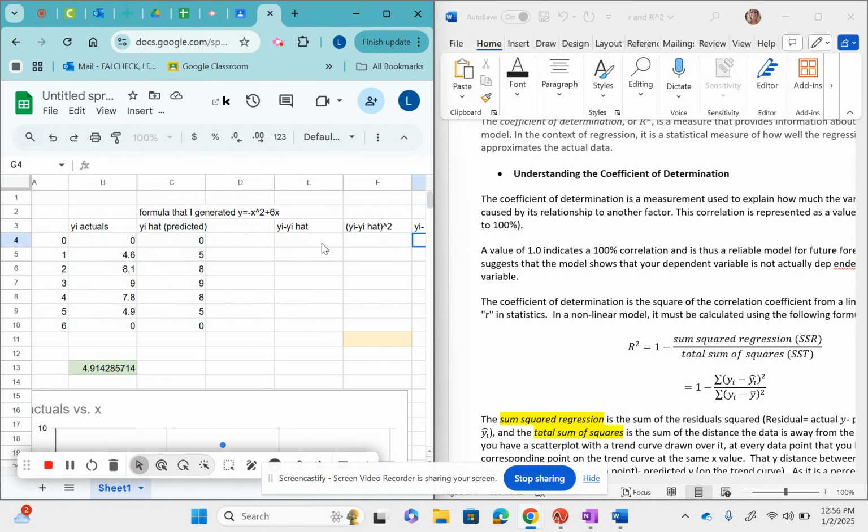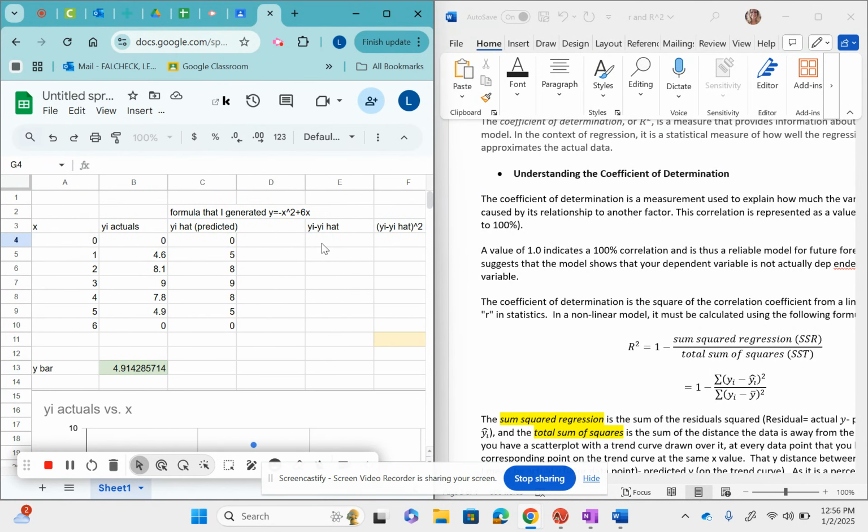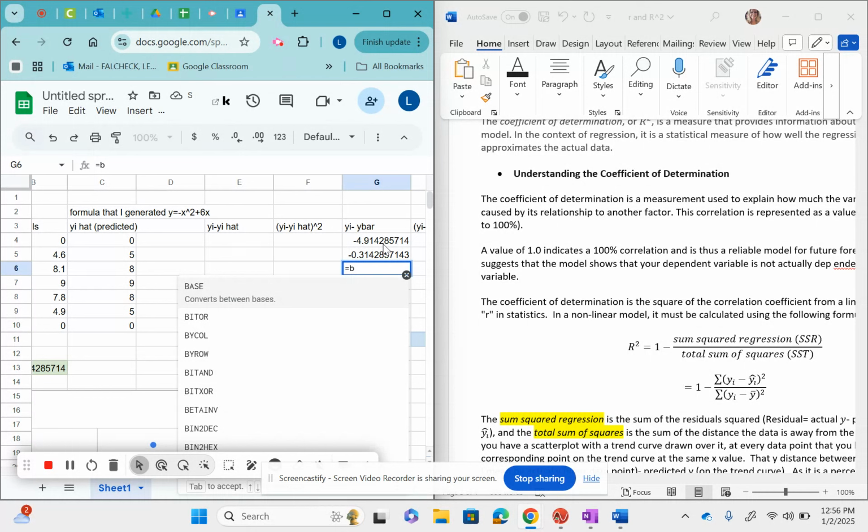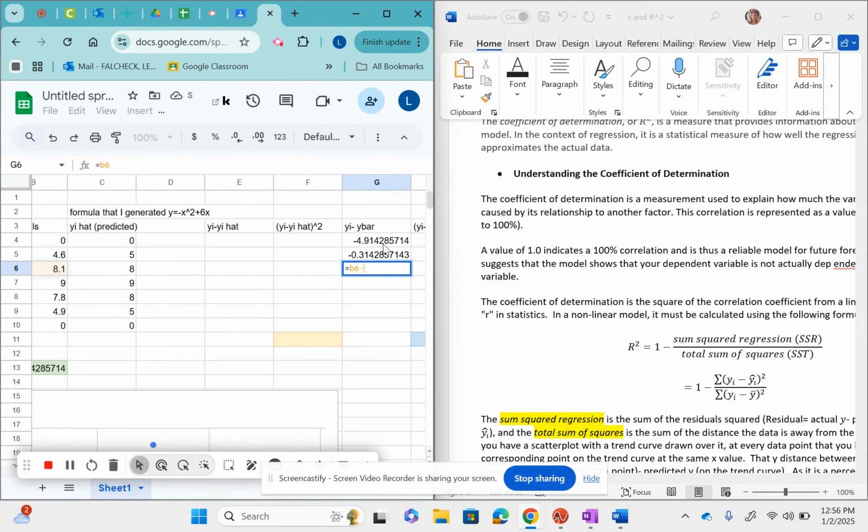I'm going to need that for the denominator, yi minus y bar. So let's go ahead and calculate that. Yi is the actuals, so that's going to be b4 minus b13. Then this is going to be b5 minus b13, and this is going to be b6 minus b13. Still making a video, children.